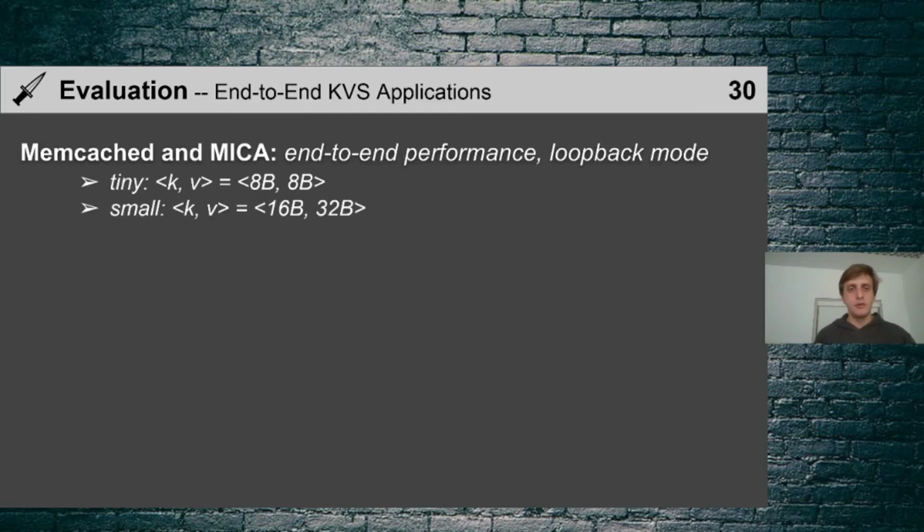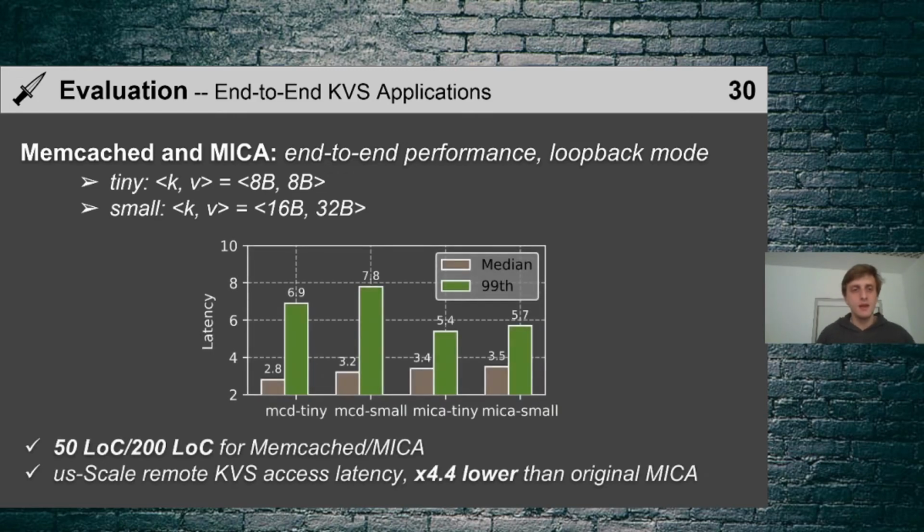In the next experiment, we run end-to-end key-value store applications such as MICA and memcached on top of Dagger and show its performance of transferring small and tiny messages. Since Dagger implements the high-level RPC abstraction, it's pretty easy to port third-party applications to it. In particular, it took 50 lines of code for us to run MICA and 200 lines of code to run the memcached server on top of Dagger.